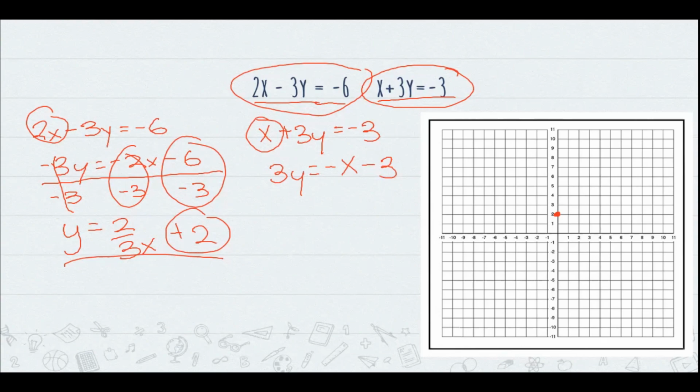And now we are going to divide everything by 3 to get y alone. And our remaining would be negative x over 3, and this would be -1.